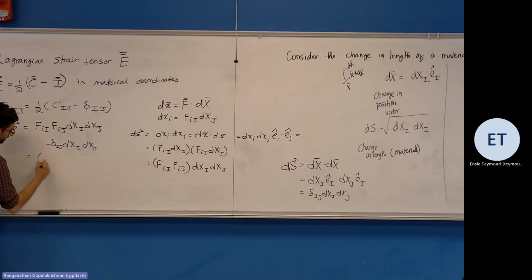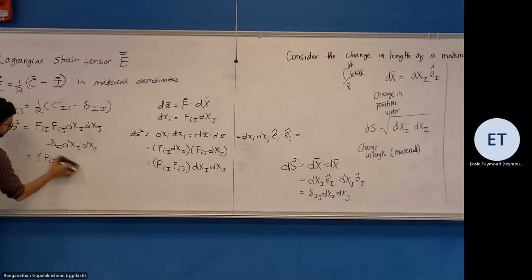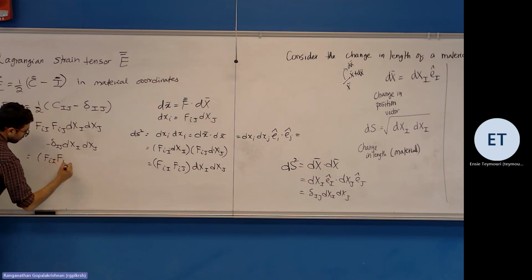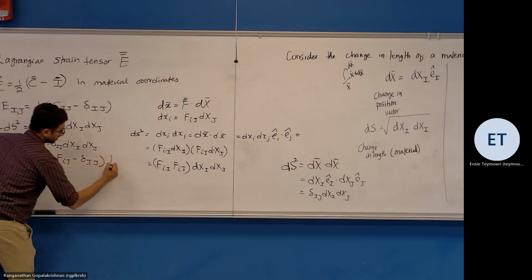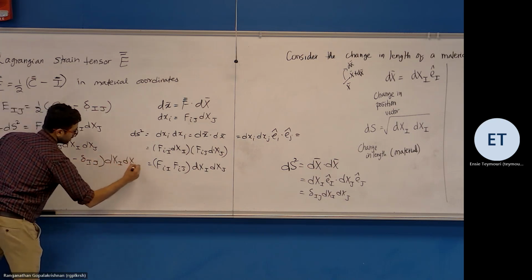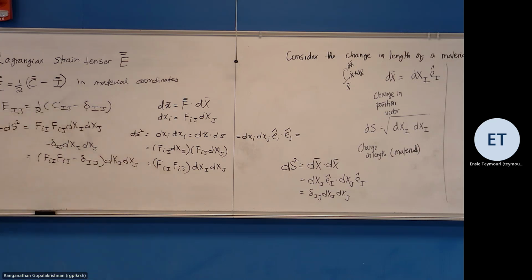Now this is Fki multiplied by Fkj minus delta ij, dXi dXj. What is the rank of this quantity? Rank meaning what are the indices on which this quantity will depend?